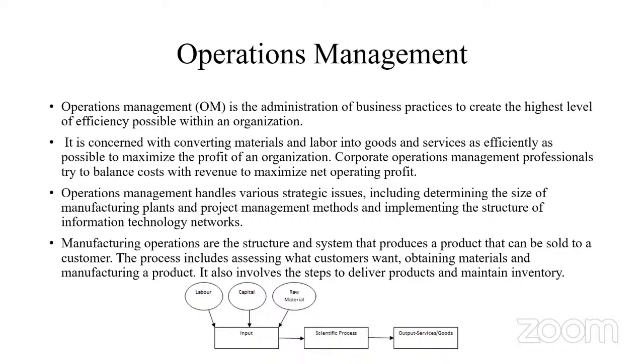As you can see in the diagram, the input includes three parts: labor, capital, and raw material. Then it goes through various processes, whether scientific processes, and lastly it gives the output in the form of various produced goods.